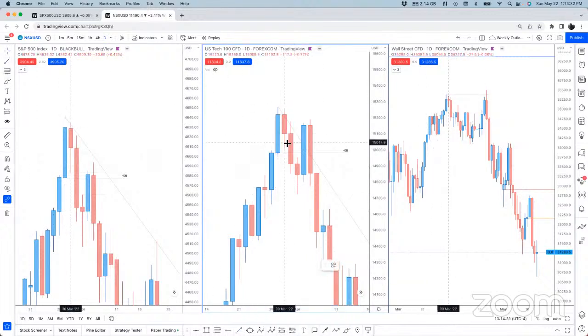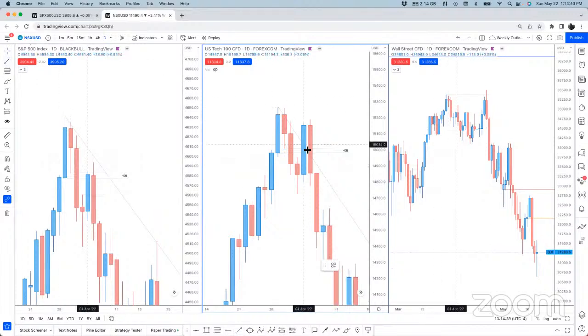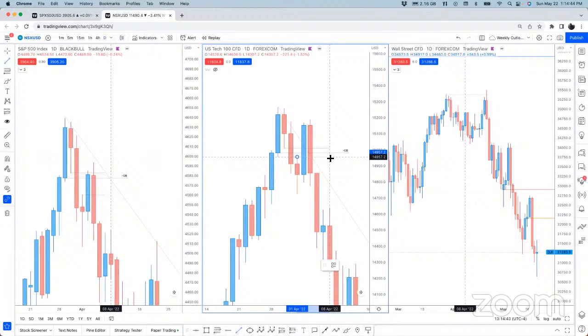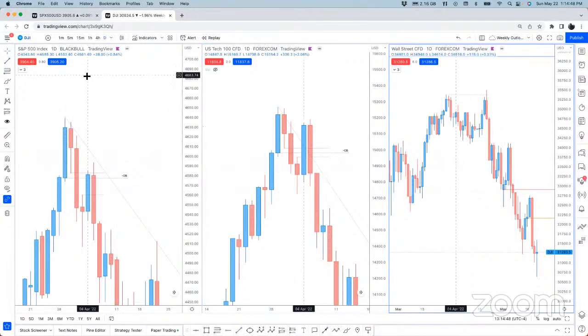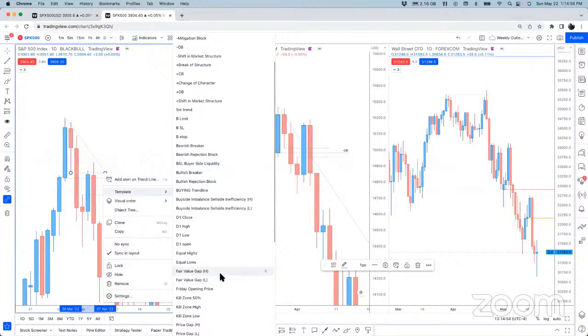This is your fair value gap right here. Right here, right? And then over here, hold on, let me make sure I annotate it. That's the high.